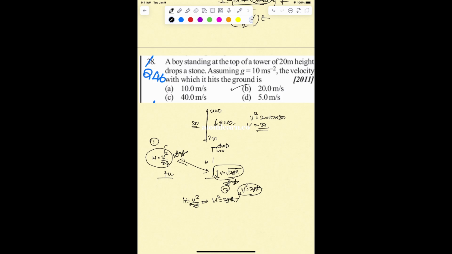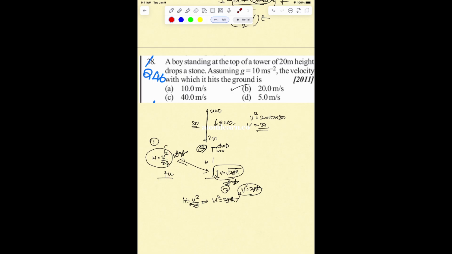Now this problem is the reverse of the first problem. The second problem is the reverse process of the first problem. Throwing upward with the initial velocity u takes you to the maximum height h. In the first situation you are throwing upward with the velocity square root of 2gh, which will take you to the maximum height h.